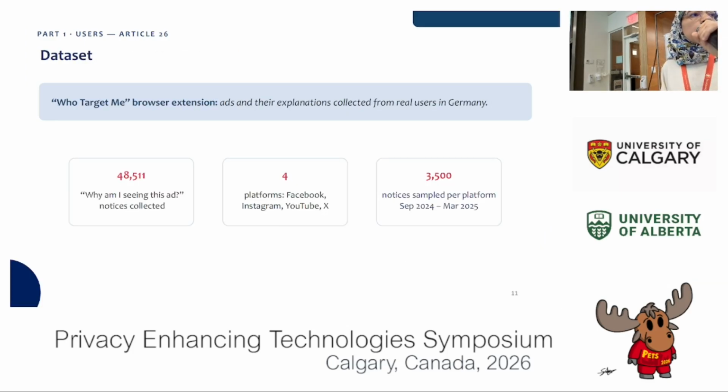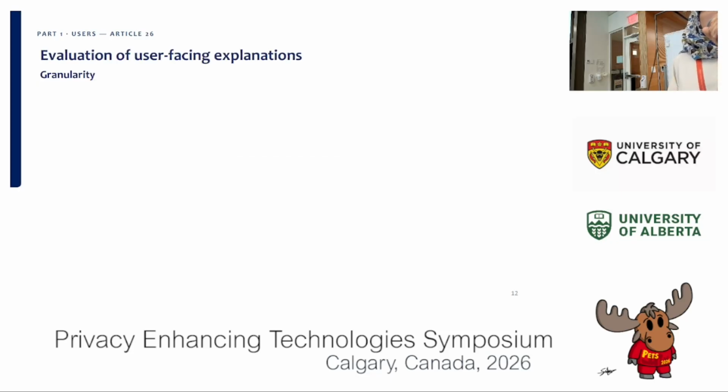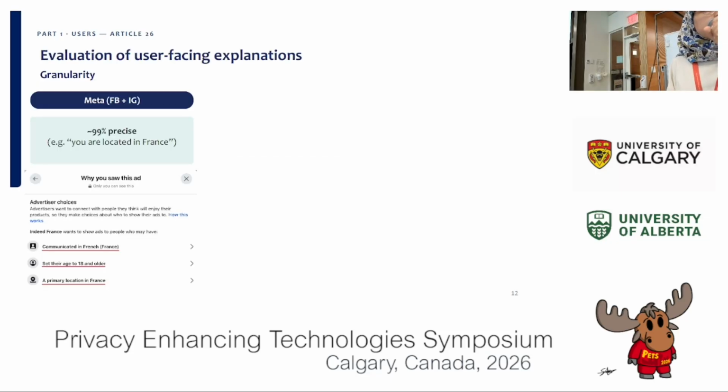For our evaluation, we used a data set from the Who Targets Me browser extension that collects ads and ad explanations from real users in Germany. In our data set, we had 48K ad explanations across the four platforms. Our evaluation of the granularity reveals that on Meta, most ad explanations are precise.